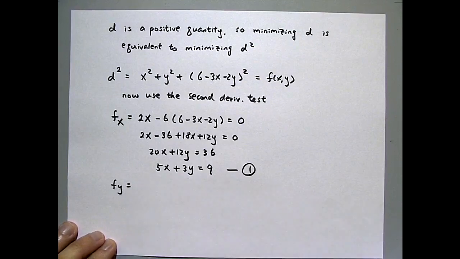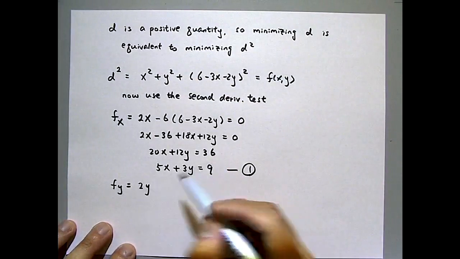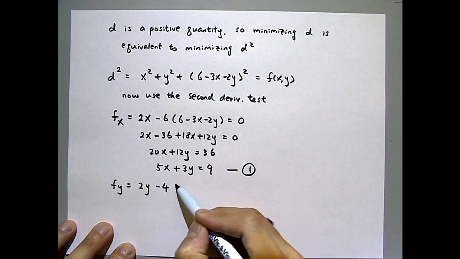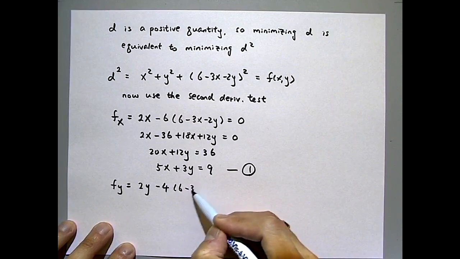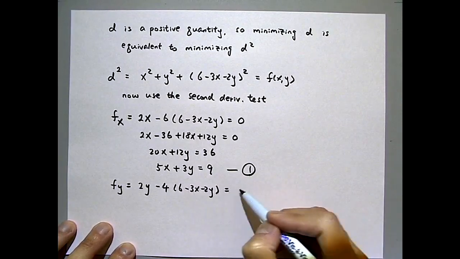All right, next equation, fy, same idea, right? 2y minus 4 times 6 minus 3x minus 2y. We'd like this to be 0.